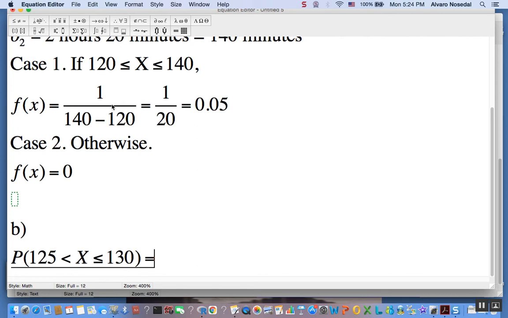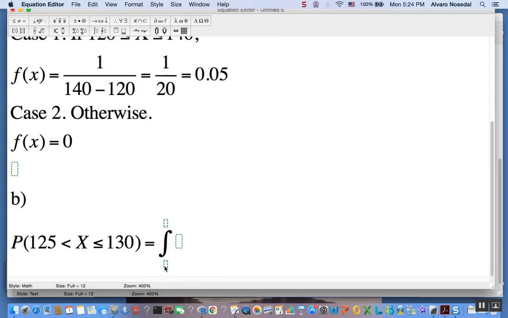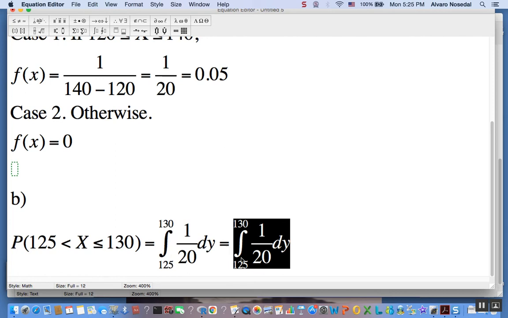So now what we want is the integral from 125 to 130 of your PDF, and your PDF looks like this. I like fractions, so let me use a fraction here. PDF dy. Now that is just a constant, so we could factor it out.